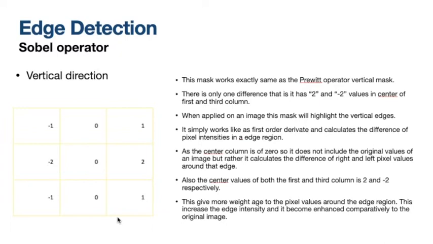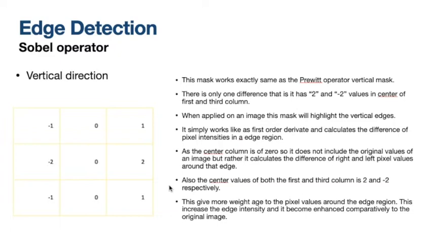Also the center values of the first and third column are 2 and -2 respectively, and this gives more weightage to the pixel values around the edge region, and this increases the edge intensity and it becomes enhanced comparatively to the original image. Since we are giving more weight, it is going to give more enhanced edges.